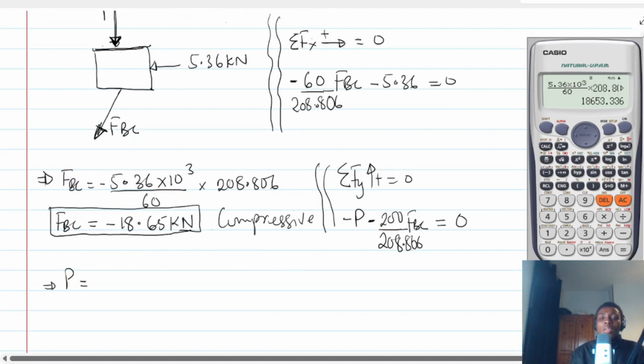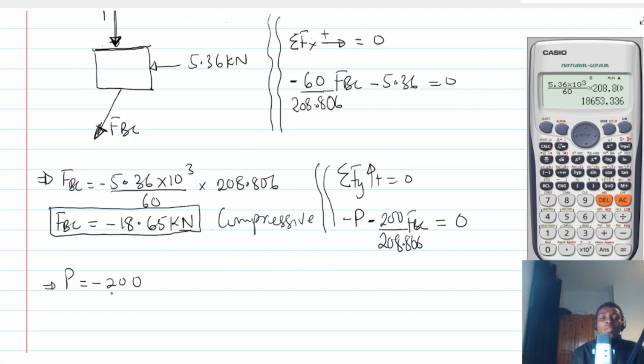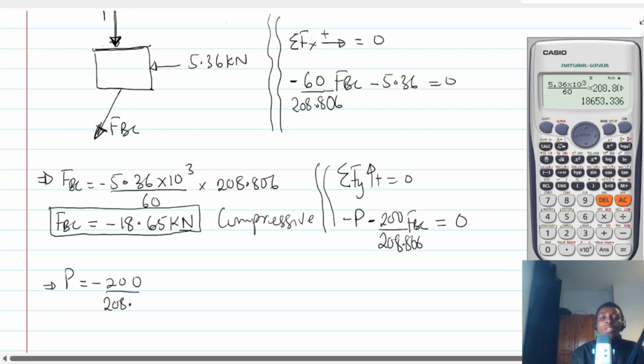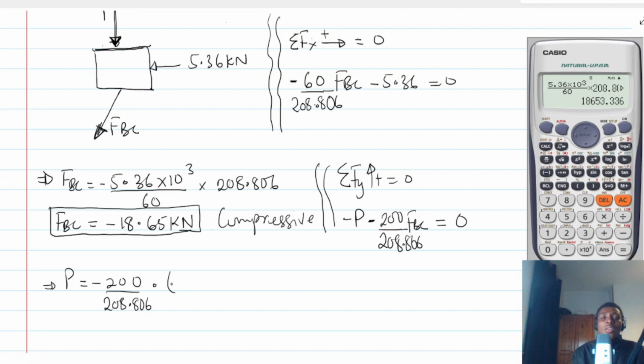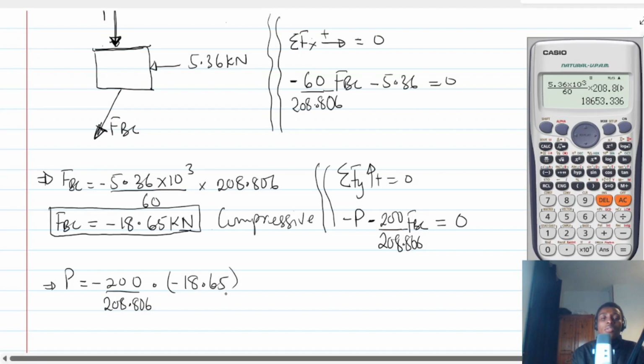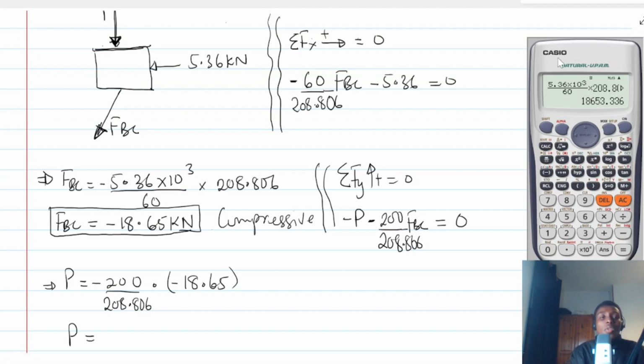Okay. But then now you know. So P is going to be minus 200 divided by 208.806, and then you multiply this by FBC, which is minus 18.65. So P is nothing but minus 200 divided by 208.806 multiplied by minus 18.65.